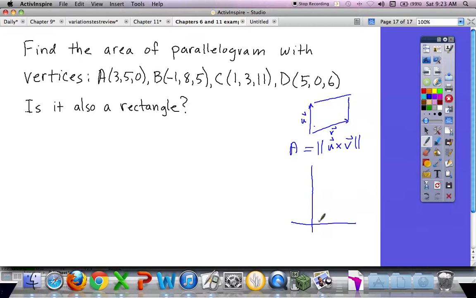3, 5 is about here. That's our A. B is negative 1, 8, which is about here. C is 1, 3.